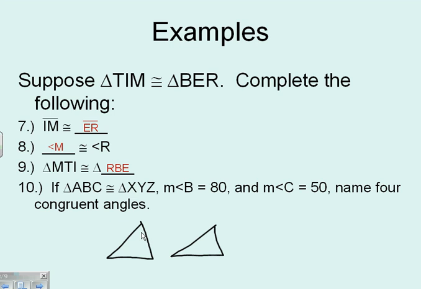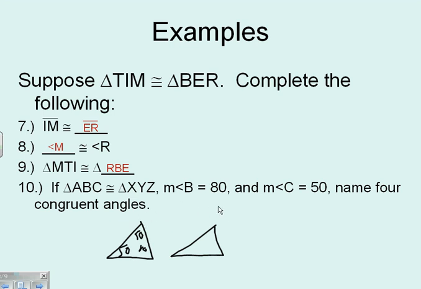If angles B and C are 80 and 50, I'll make this 80 and this little one 50. Do you see that we have 2 angles of the triangle and we can find this third angle, which happens to also come out to be 50.